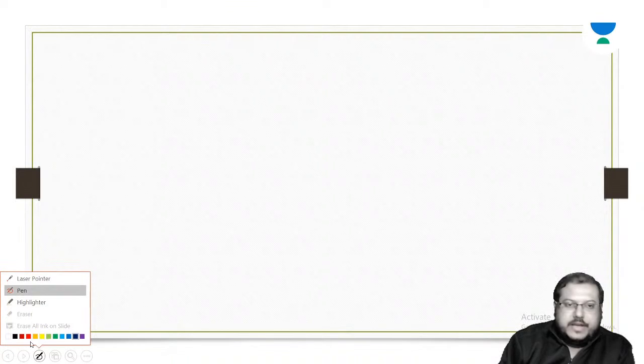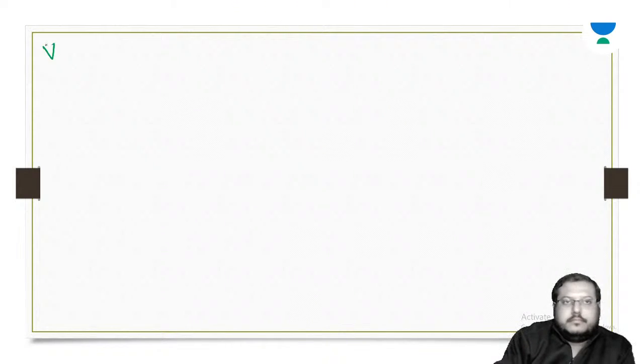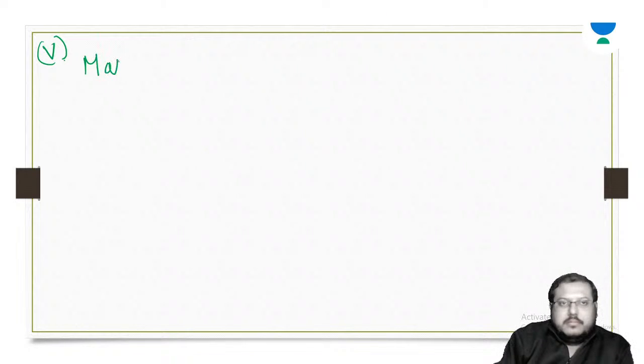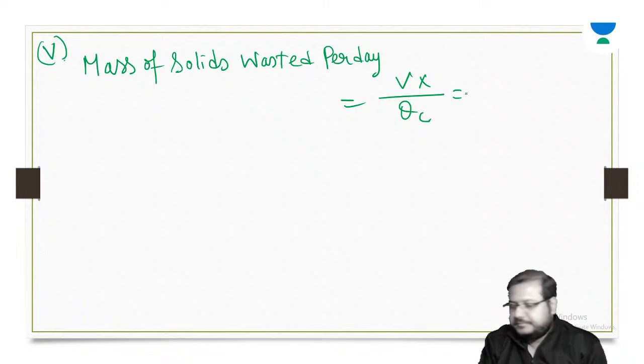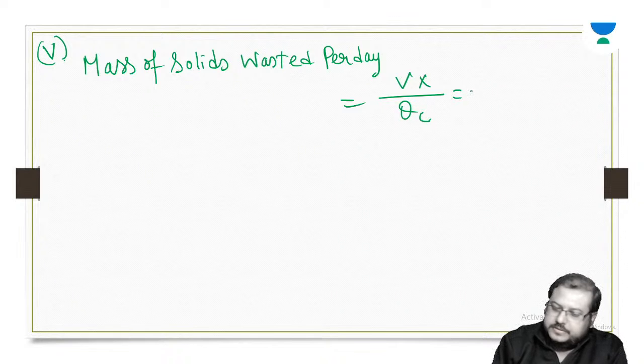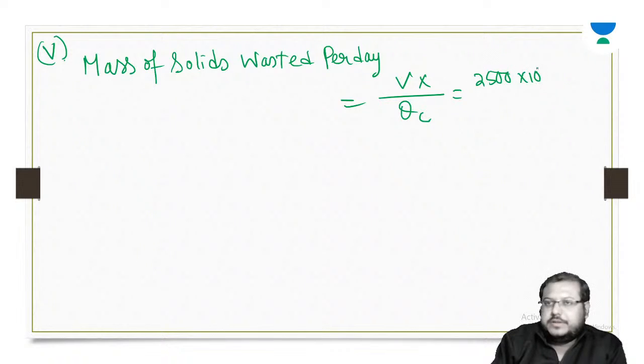Let's go for question number 5. Mass of solid wasted per day we have already seen. That is Vx by theta c only. Mass of solids wasted per day, that is Vx by theta c, where V is provided as 2500 meter cube into 10 to the power 3.